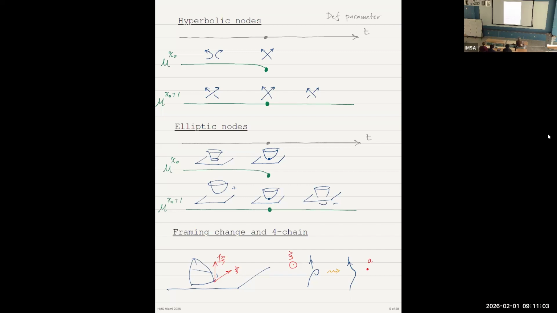And so we have to see what happens when we have some deformation parameter. Let's say you deform the complex structure, for example. So in this first picture, I'm drawing some moduli space of curves of Euler characteristic chi0. You should think about the equation something like xy equals epsilon, and you take epsilon to 0.